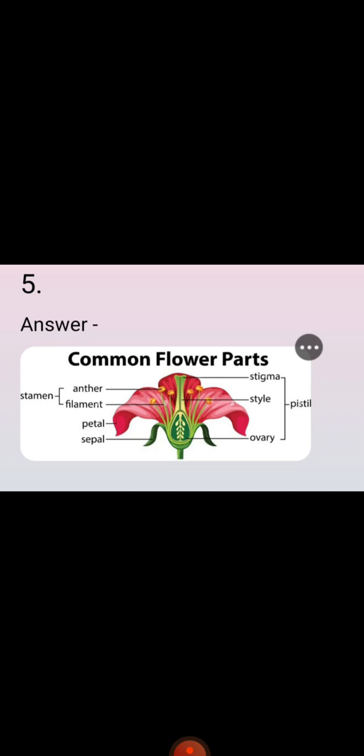In the stamen there are two parts called anther and filament, and there is a female reproductive part called the pistil, and there are three parts in the pistil called stigma, style, and ovary. In the ovary there are small units which produce eggs, called ovules.